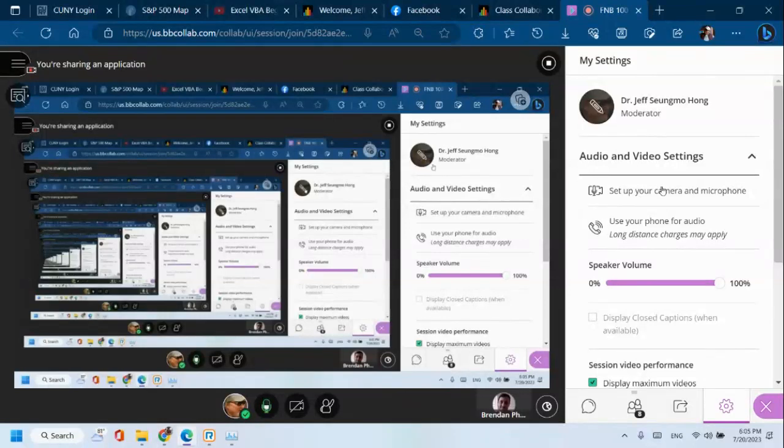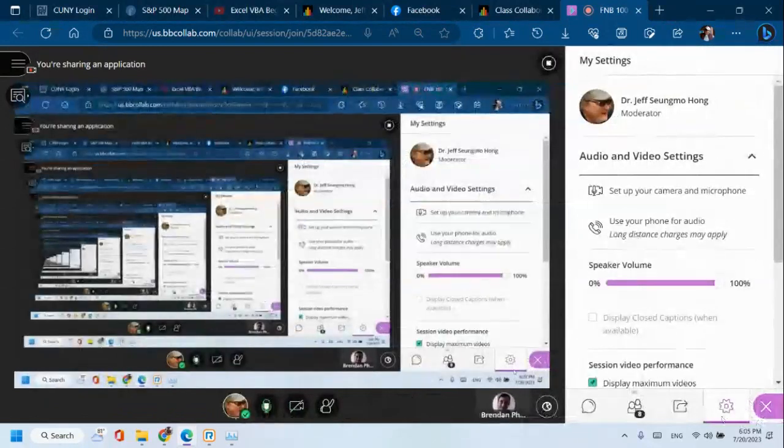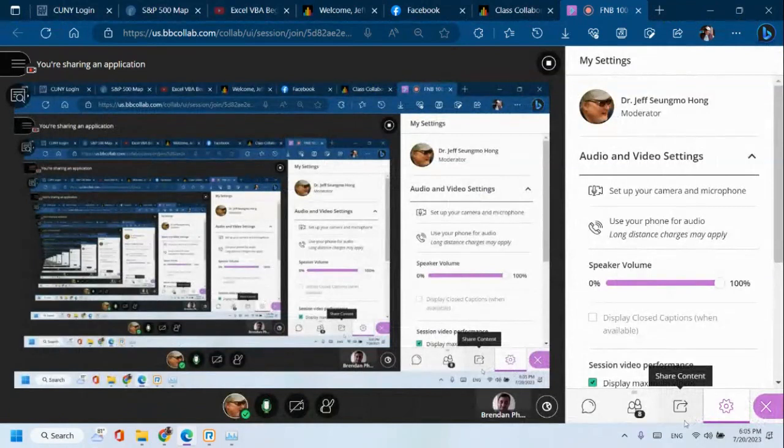So please use your profile picture. I don't require a camera. You don't have to keep your camera on the whole time. But at least you need to put up your profile picture there.